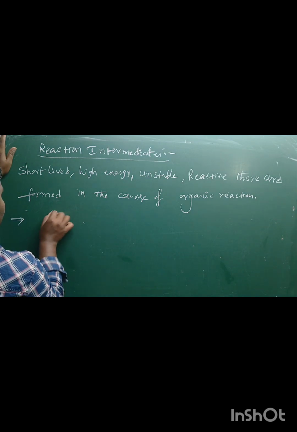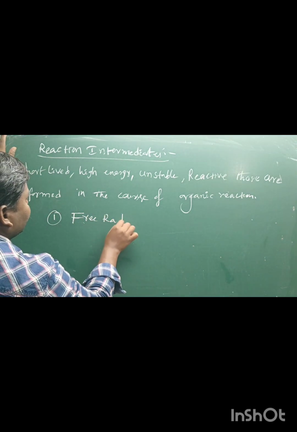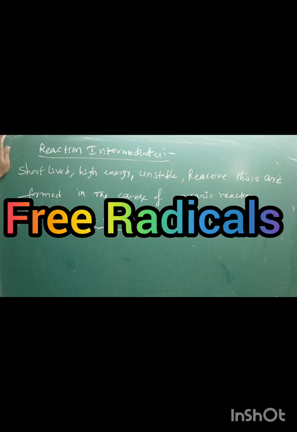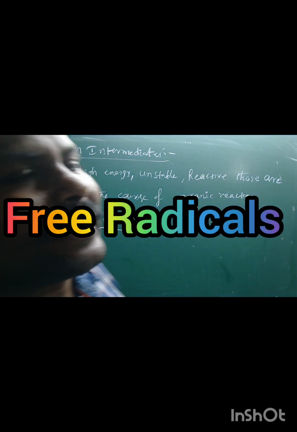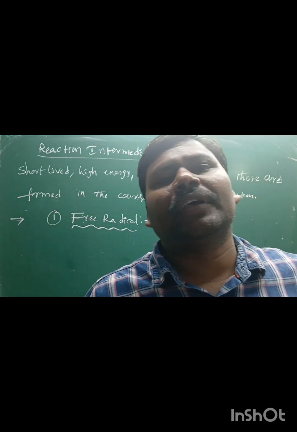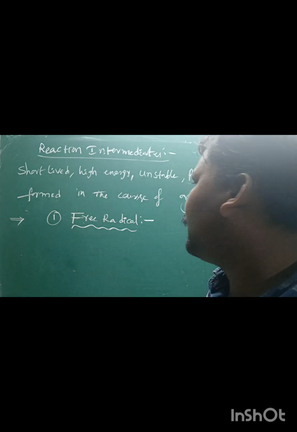The first one is the free radical. What is a free radical, sir? Homolytic cleavage of a covalent bond forms free radicals. Simply, homolysis of a covalent bond results in a free radical intermediate possessing an unpaired electron.